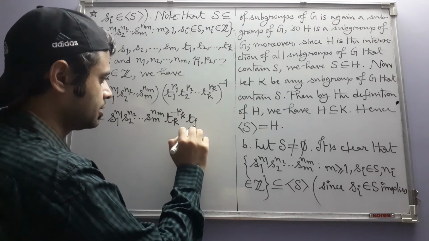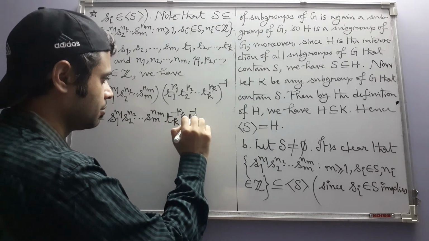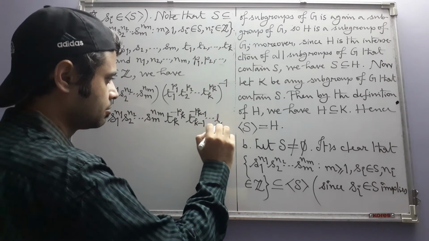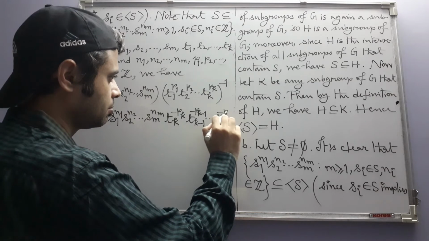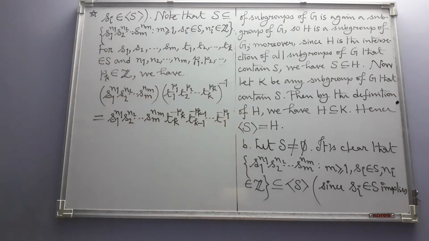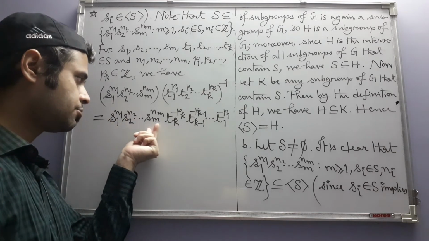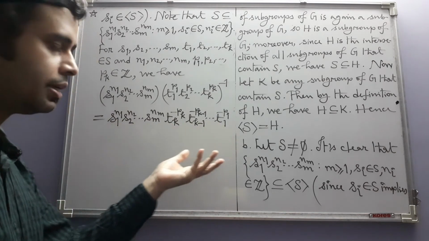Let me write the previous term also, tk minus 1 minus pk minus 1, like this, t1 minus p1.